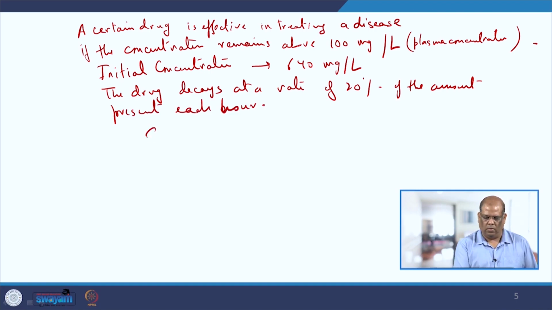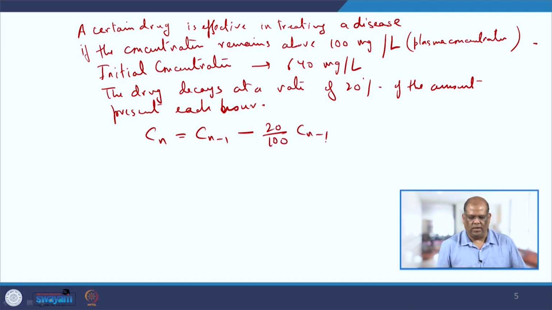So, if I take Cn, that will be Cn minus 1 minus the 20% of the drug that is less each hour, and this will be equal to 0.8 Cn minus 1.